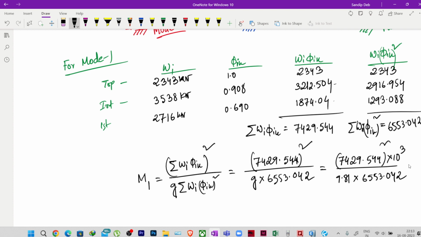Basically we get this in terms of kg, because I converted to Newton first and then divided by 9.81.